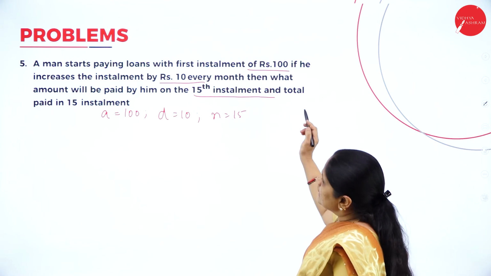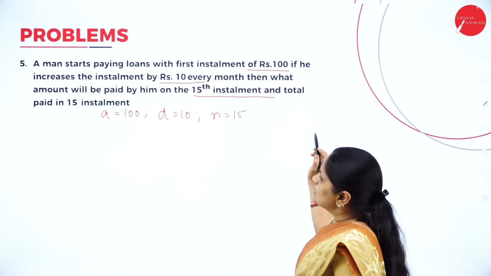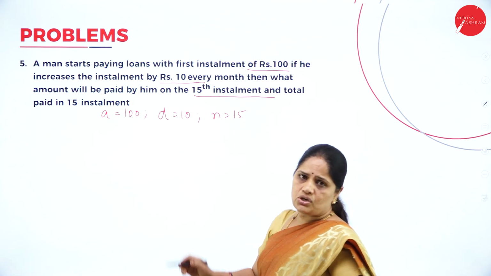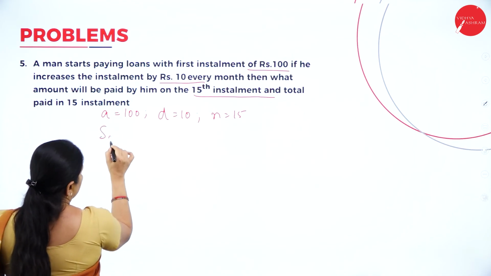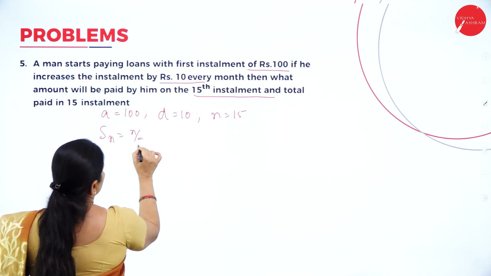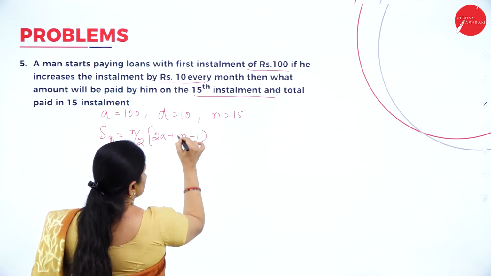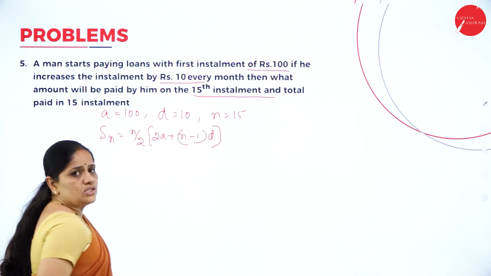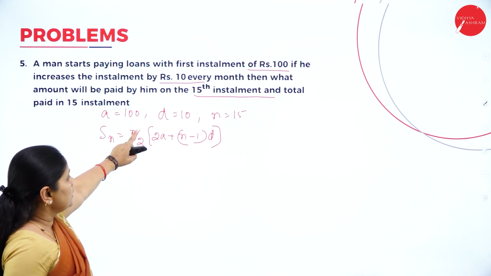So then what will be the amount paid by him on the 15th installment and the total paid in the 15th installment? So I will use the formula Sn equals n by 2 into 2a plus n minus 1 into d. So Sn I don't know, n I know.